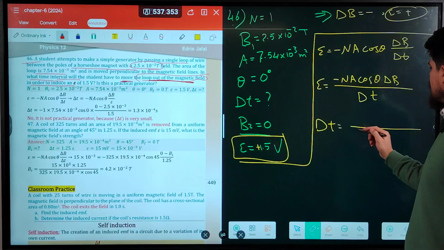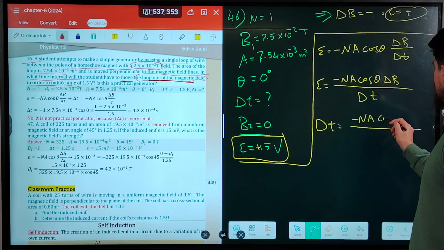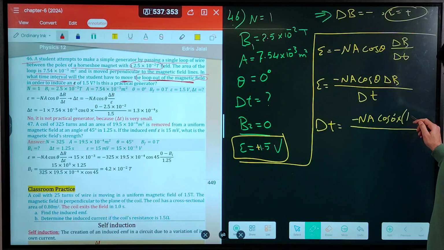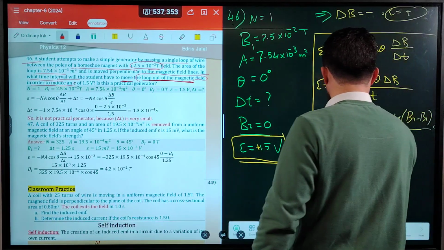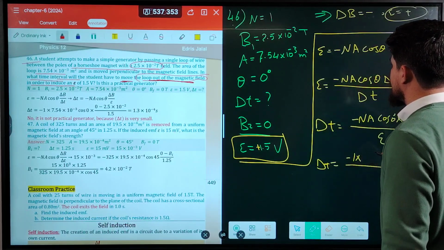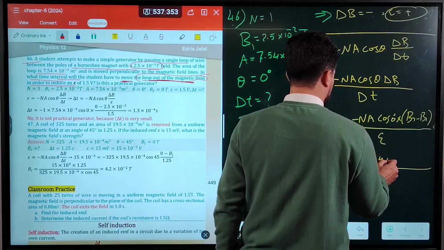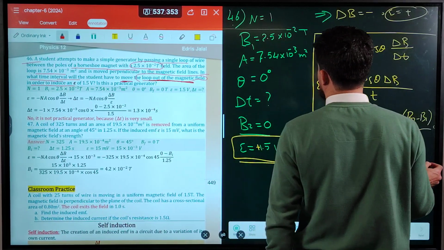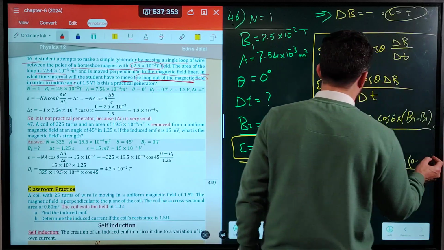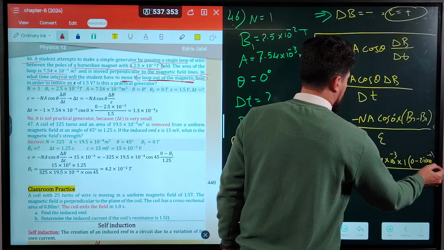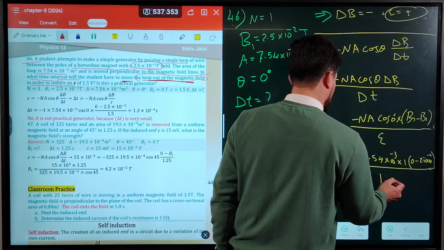Rearrange the equation. Delta T is equal to negative NA cosine 0 delta B over EMF. Delta B is equal to B2 minus B1. Delta T is equal to, number of turns is 1, area was given, 7.54 times 10 power negative 3 times cosine 0, times magnetic field B2, 0, minus 2.5 times 10 power negative 2 Tesla, divided by positive 1.5.